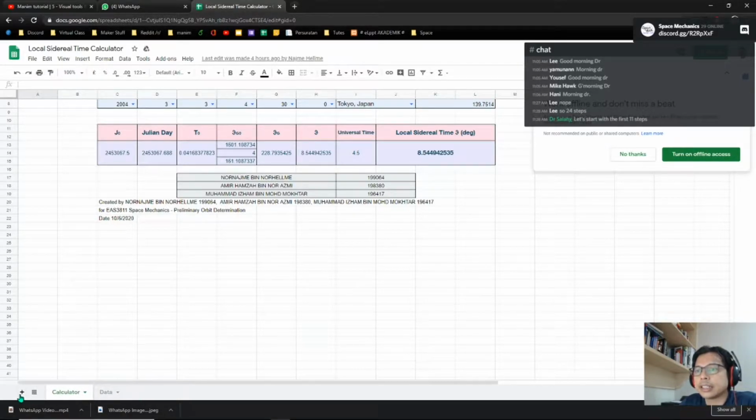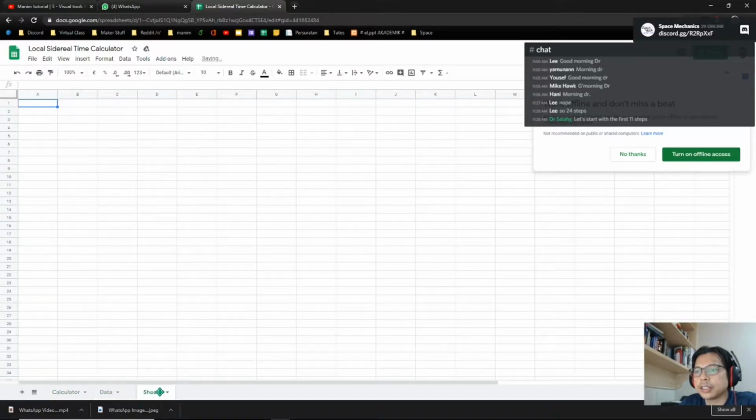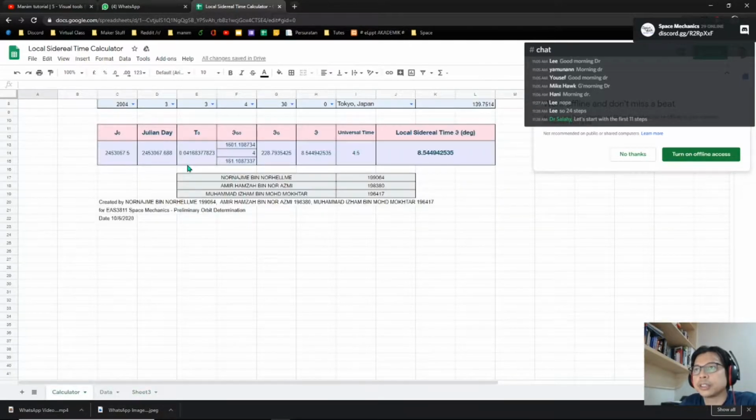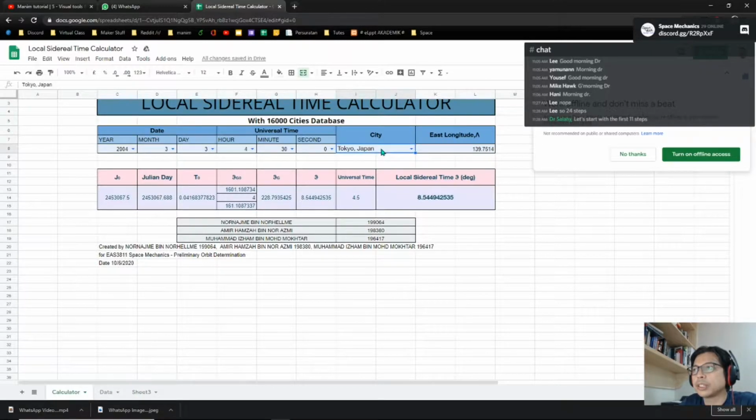Just add a new sheet here. So just leave these two, or however many you have in your previous project. Let's add another one here, because you're going to use this one as well, because you need to know your city here, for example.